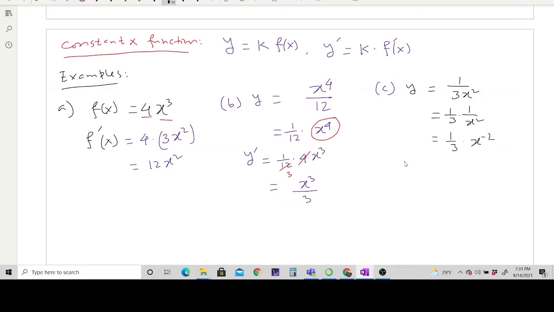Now take the derivative. y prime equals 1/3 is constant, so put it as it is, times the derivative of x raised to the power negative 2. We apply the power rule, which is negative 2 times x to the negative 3, which equals negative 2 over 3 x to the negative 3. So this is the derivative of the given function.